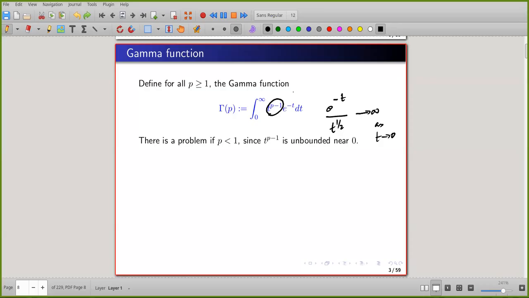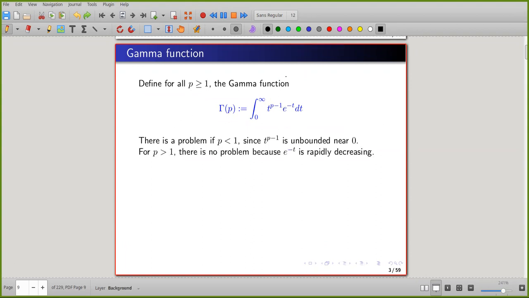So this integral is not going to be finite. So this is not a nice function, or at least it's not clear immediately that this integral is nice or not.